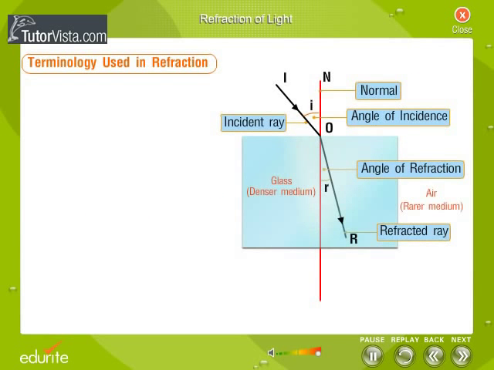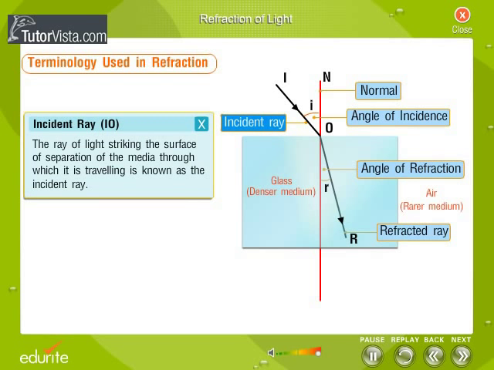For definitions, click on the labels. The ray of light striking the surface of separation of the media through which it is traveling is known as the incident ray.